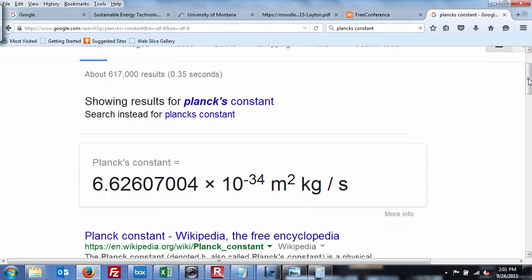Okay, now we've already talked briefly today. We reviewed what the dimensions of energy are. Can we now figure out, using what we know about dimensions, how much energy is in a single photon using Planck's constant? So let's write this down.